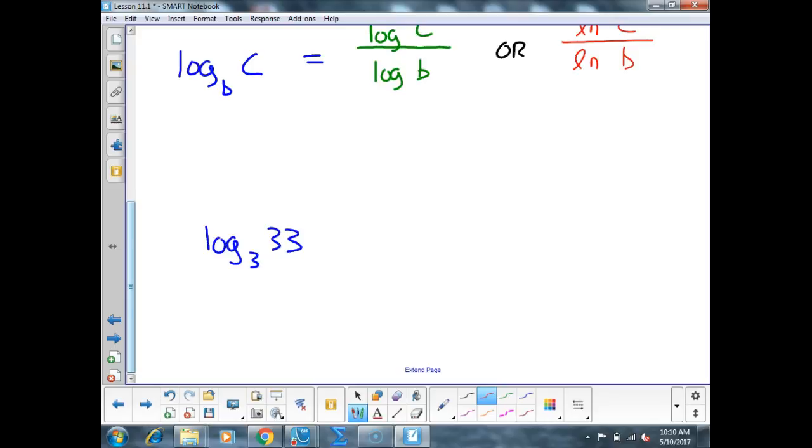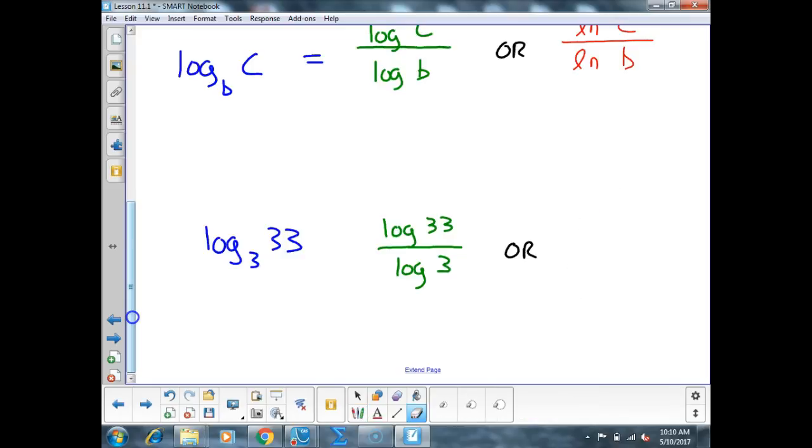So, if I am doing this, that means then that this is equal to the log of 33 divided by the log of 3. Or, that means that this is the natural log of 33 divided by the natural log of 3.